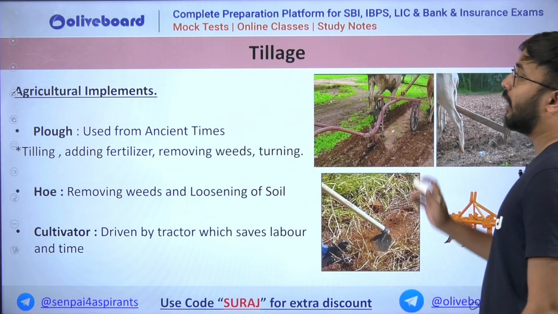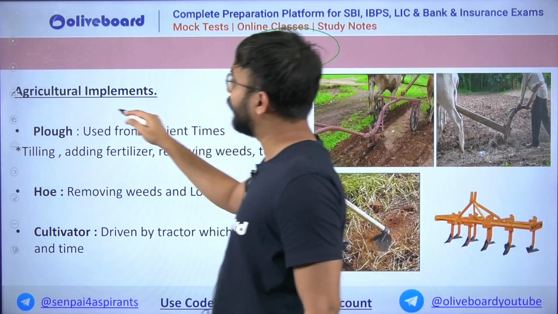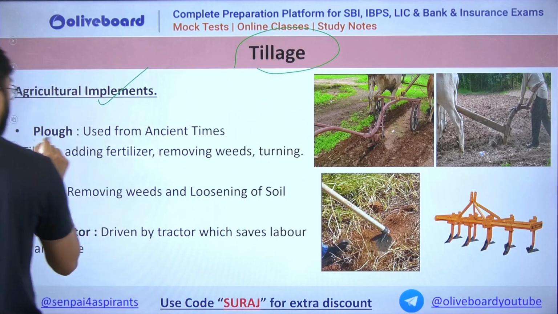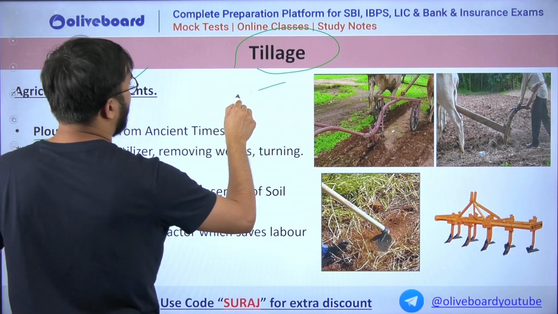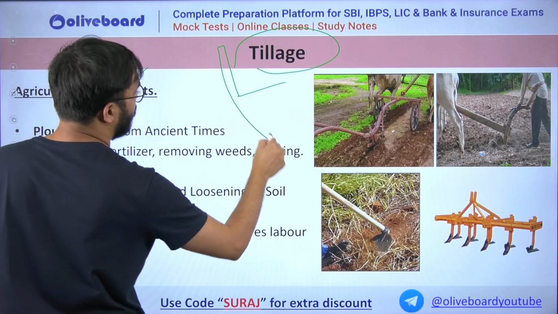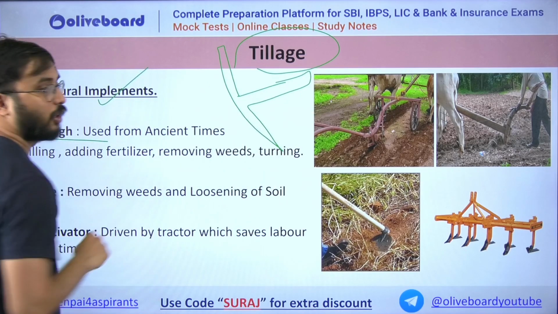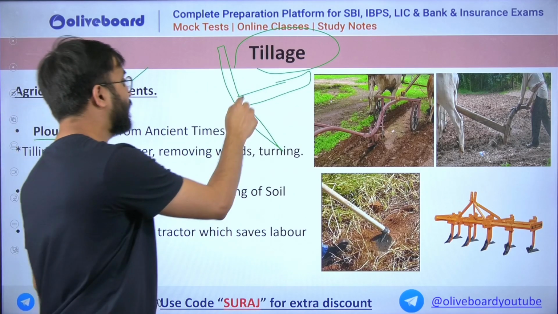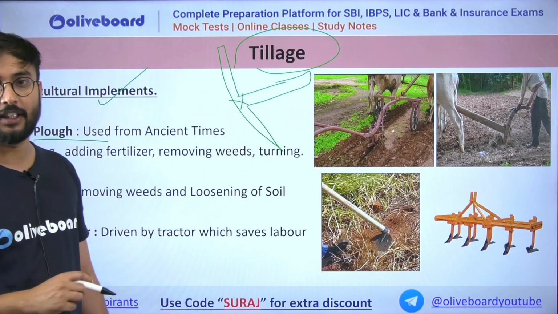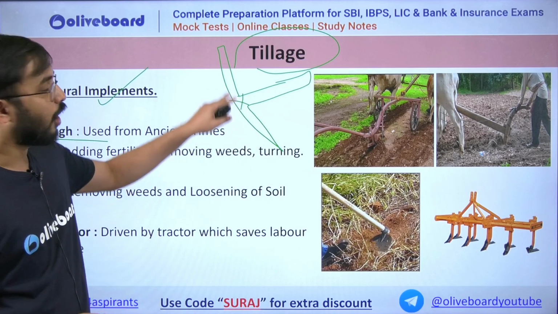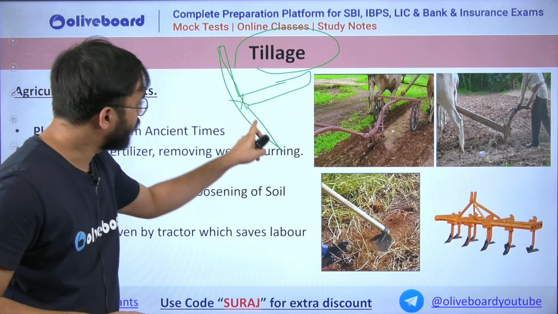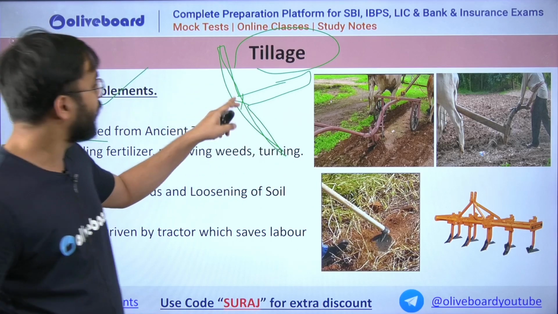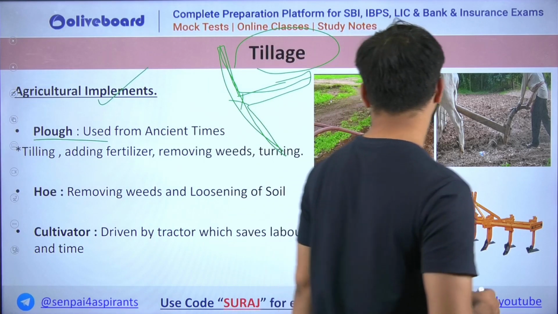Now, tillage is carried out by different agricultural equipment. First is the plow. You all would have seen the important movie called Mother India, a very ancient movie from the 1960s or 1970s. In it you see a wooden implement which has a pointed structure and an L-shaped structure.